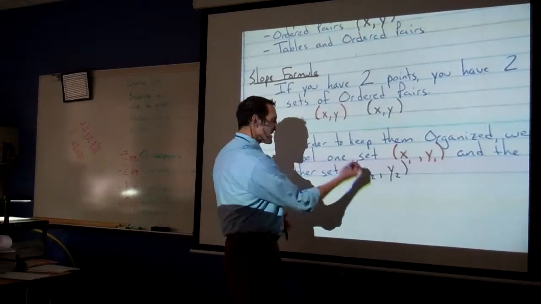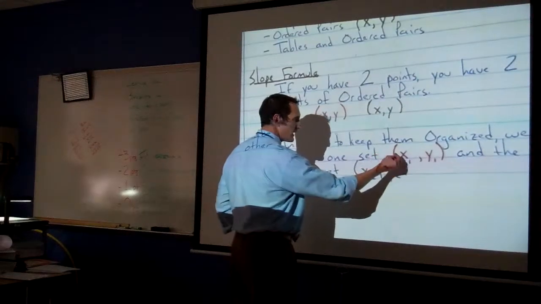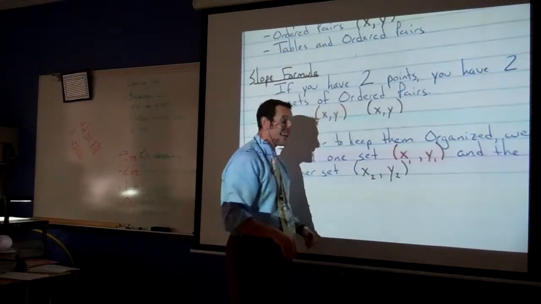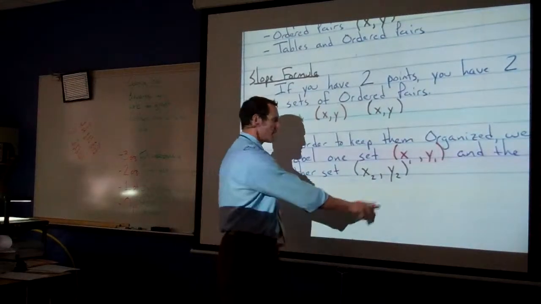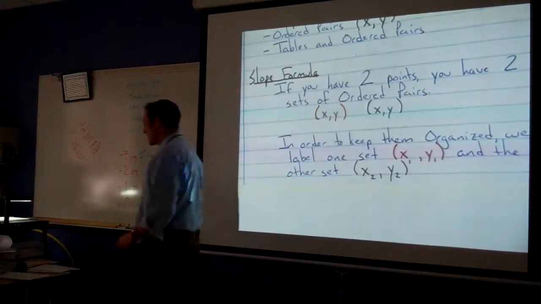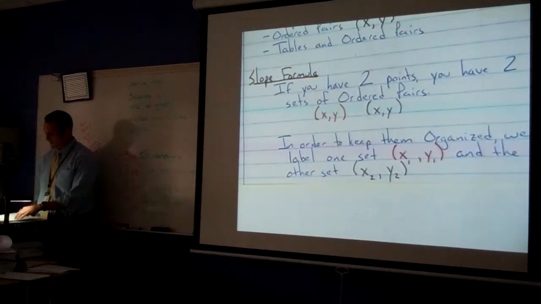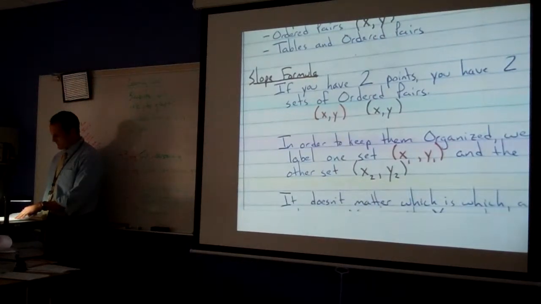Again, noting that the x-coordinate comes first in each ordered pair. We're just calling it the first set of ordered pairs, x1, y1, and the second set of ordered pairs, x2, y2. In both sets, the x-coordinate comes first. So we're going to keep ourselves organized by labeling our points.